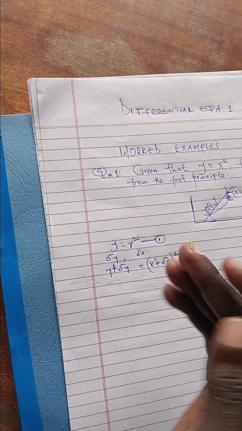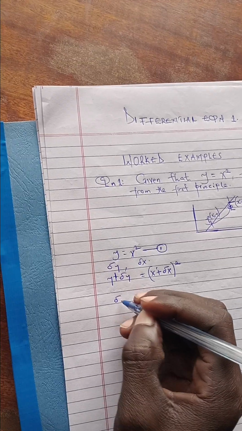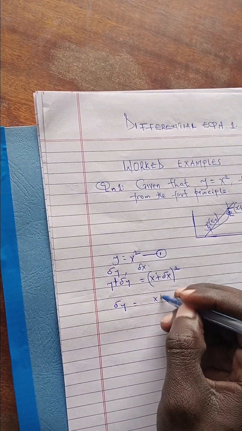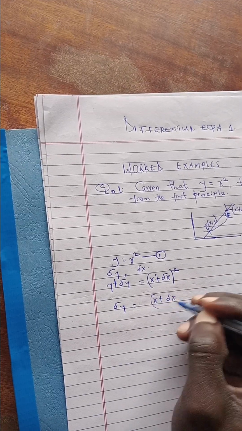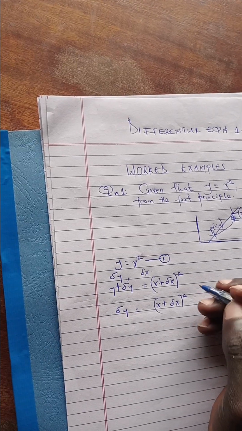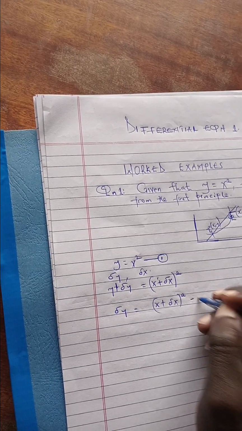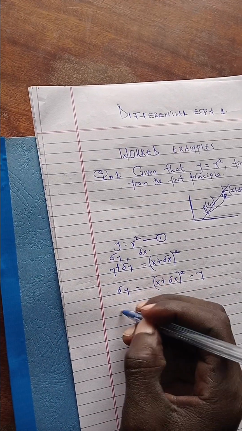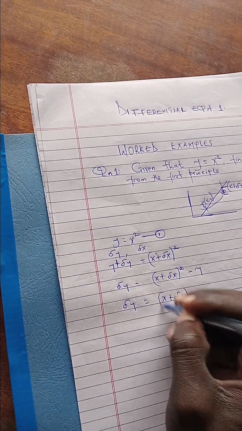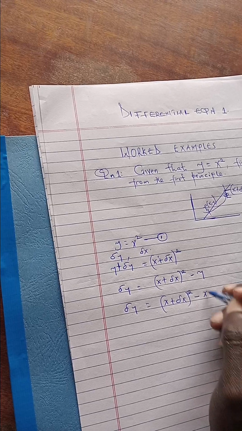We move on. Our major aim is to have delta y left on the left side, and we shall be rewriting what we have on the right side, that is (x plus delta x) squared, minus y. And remember, our y is given by x squared.